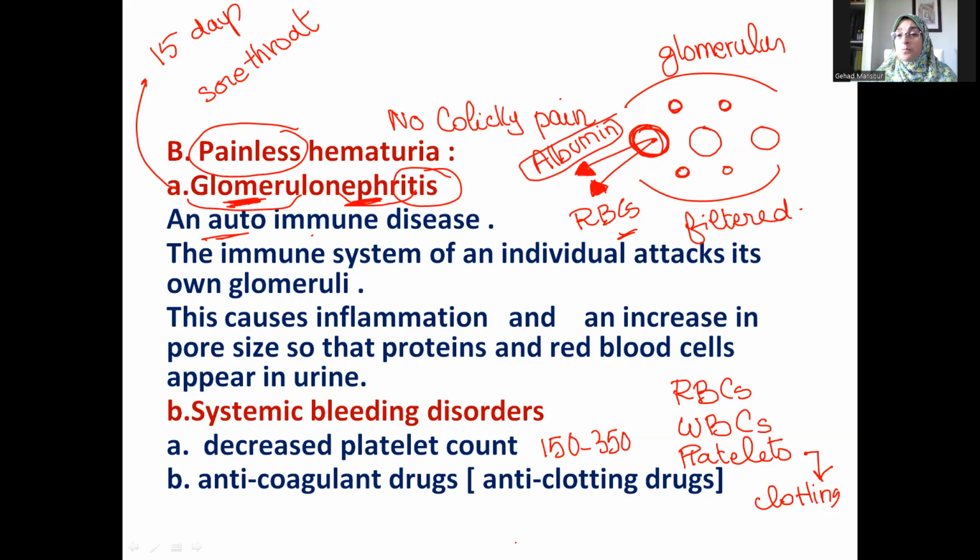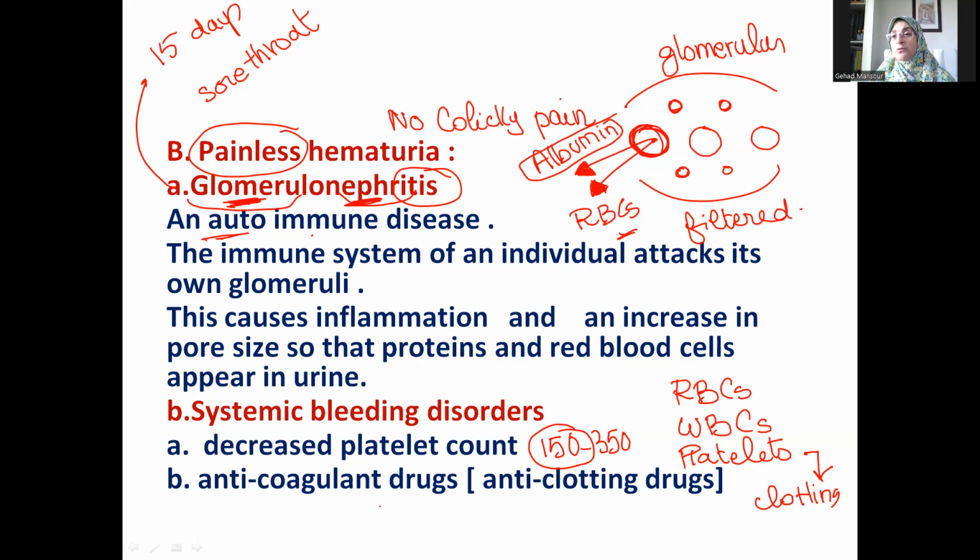So if your platelet count is less than 150, then you will have bleeding. Whenever you have a minor injury or a minor skin abrasion or wound, any very simple procedure or trauma will result in excessive bleeding. And there are people, of course, who are born with diminished platelet count.